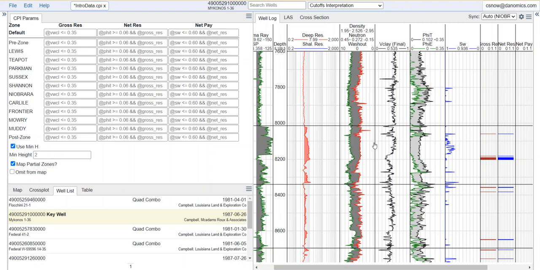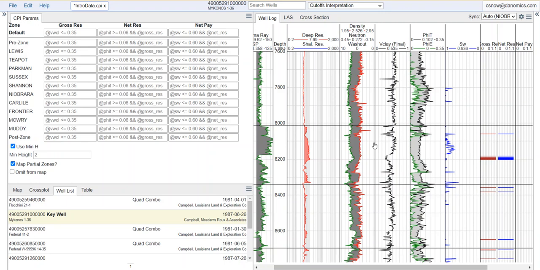If it's a conventional sand, maybe it should be 8%. Your saturation cutoff should be 60 or 65%. Now, those aren't necessarily bad values, but those are just values based on conventional wisdom. And we like to try to calibrate things when we're flagging them.